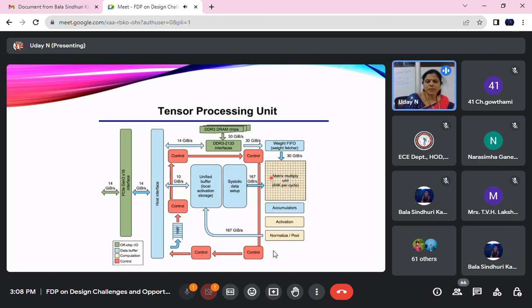This matrix multiply unit multiplies the inputs and also the weights. The weights are fetched by FIFO from the DDR3, and the multiplications are performed by making use of systolic multiplication, and the nonlinear activation is calculated using this activation register here, and the normalization or pooling is done by means of this unified buffer local architecture, and this is the instruction set that can be fetched to perform these operations.